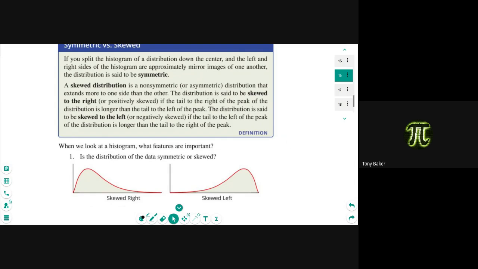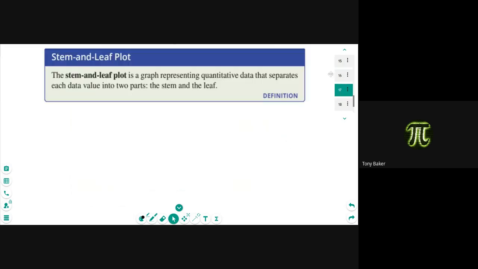All right. One more type of graph we're going to look at: the stem and leaf plot. Has anybody ever heard of a stem and leaf plot? All right, this is a stem and leaf plot.